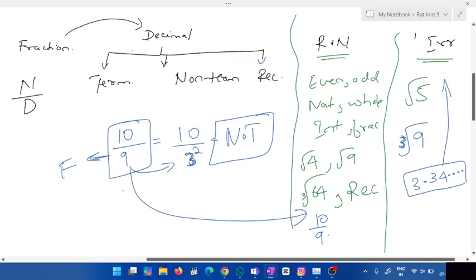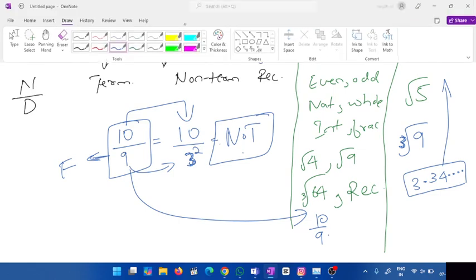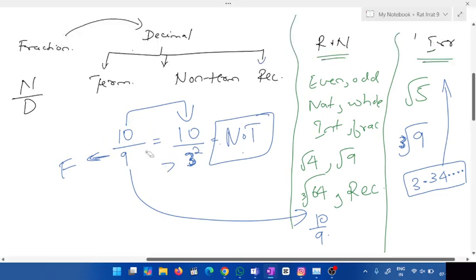But if they tell you to find whether it is terminating or non-terminating, then you change the value and you get non-terminating. Just because it is non-terminating, don't write 10 by 9 as irrational. That is wrong. The original form is 10 by 9, a fraction. Any fraction value belongs to a rational number. This is where most students go wrong.